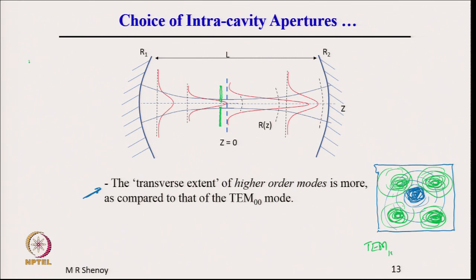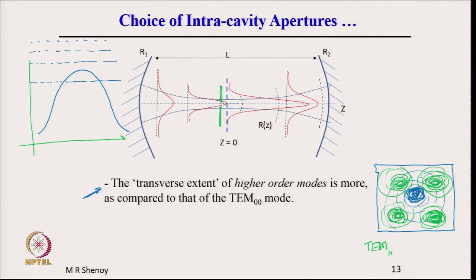If we have the gain profile here, let me draw this. If we have the gain profile varying like this, then for the TEM00 mode, the loss may be just here. For TEM11 it may be here, TEM10 it may be here. This is the loss line for different modes.